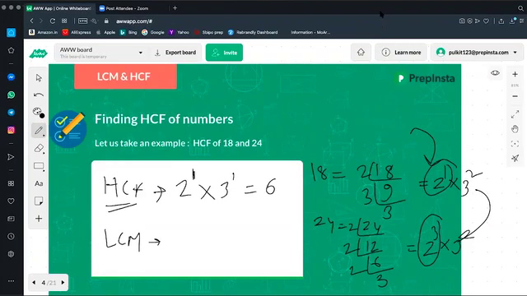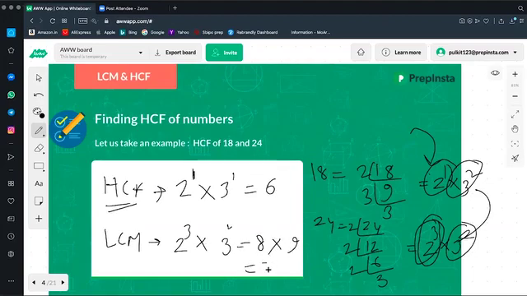For LCM, I see the maximum. So for LCM now, for 2, the maximum power is 2 cube, so I'll write 2 cube. And for 3, the maximum power is 3 square. 2 cube is 8. 3 square is 9. So what is 9 into 8? 72. So your answer would be 72.